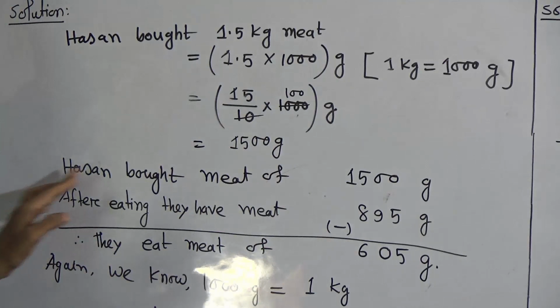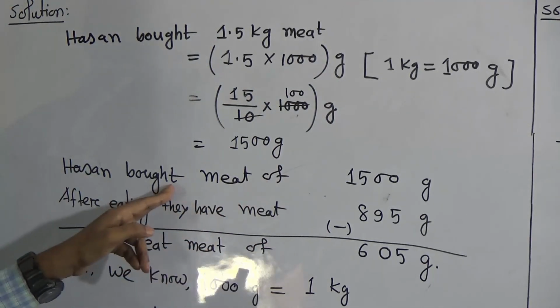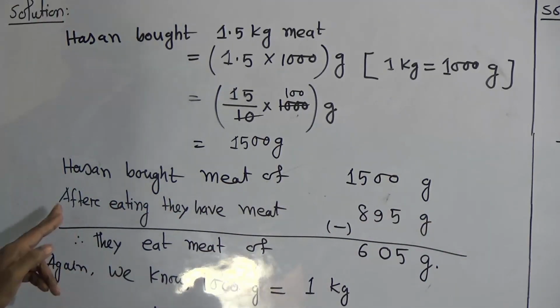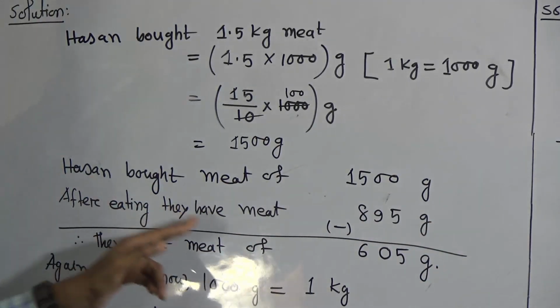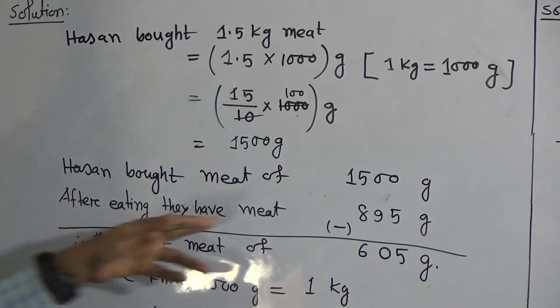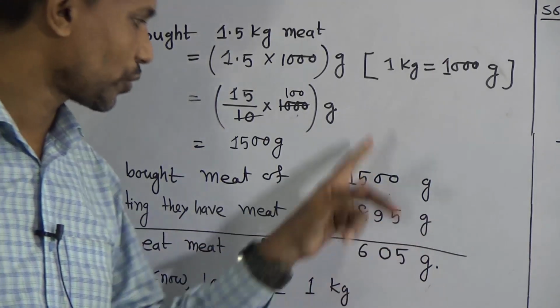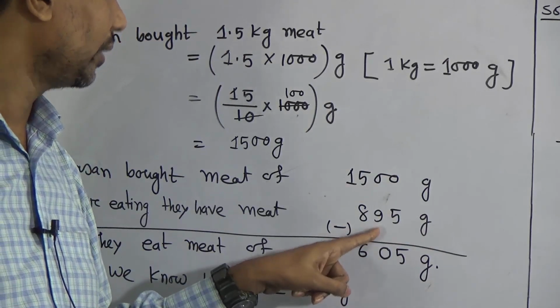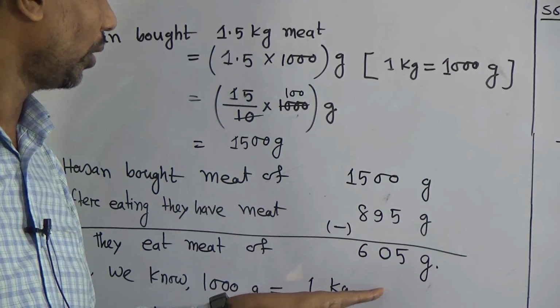Now Hassan bought meat of 1500 gram, and after eating they have meat. That means remaining meat 895 gram. Now subtract 10 minus 5, 5. You have 1 in your hand, 9, 10. 10 minus 10 equal to 0.